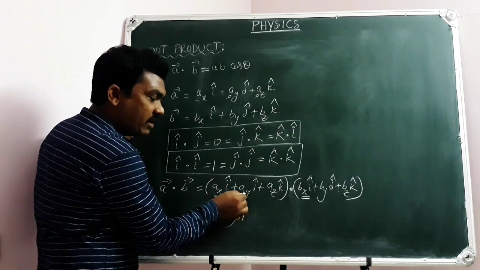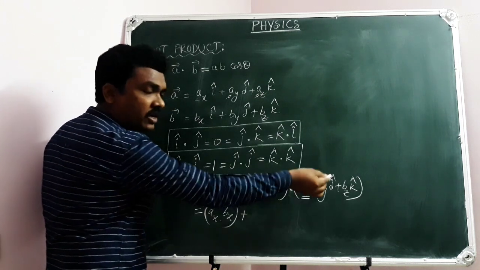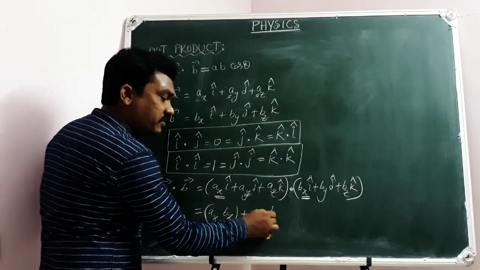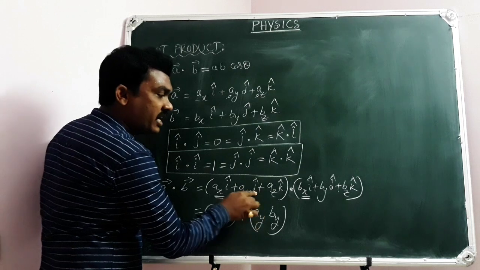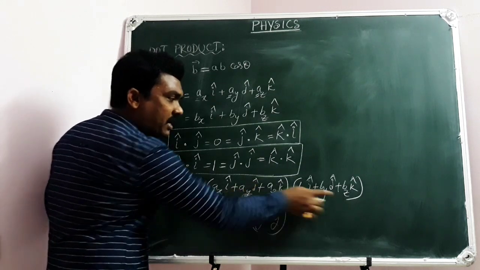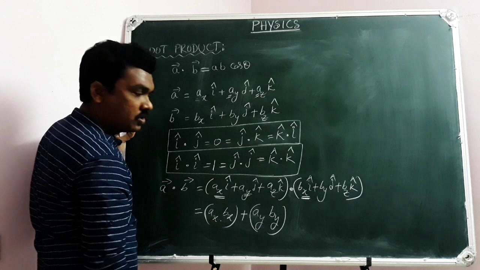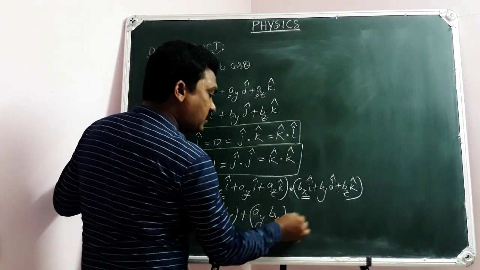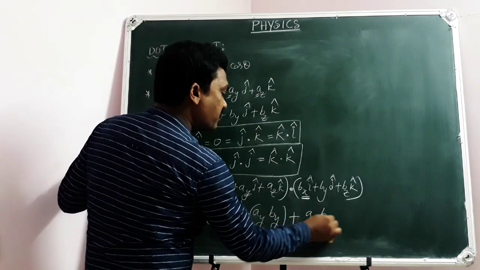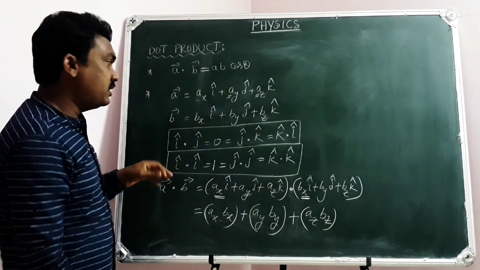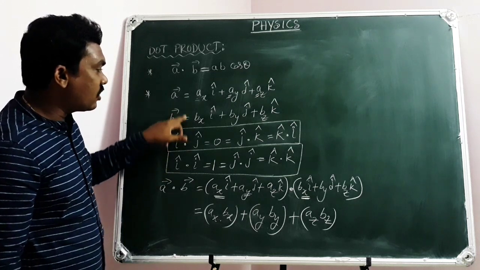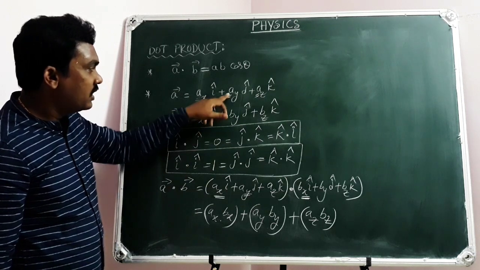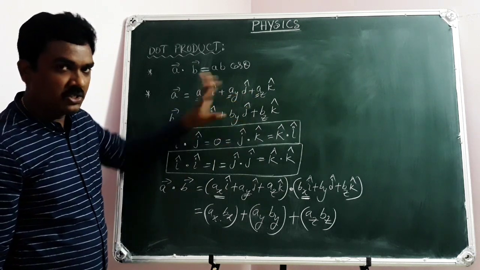Similarly, when you multiply ay into j cap with all the other three terms, then ay, by will be left, because j cap, i cap dot product is 0, j cap, k cap dot product is 0. So only j cap dot j cap will be left. Plus az into bz. So the simple point: when vectors are given in their component form, their dot product is ax bx plus ay by plus az bz.